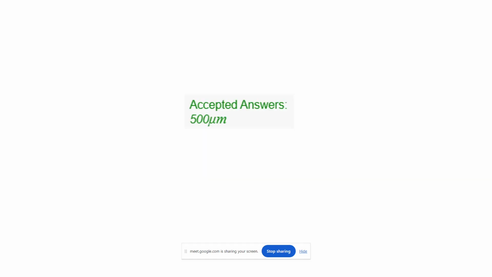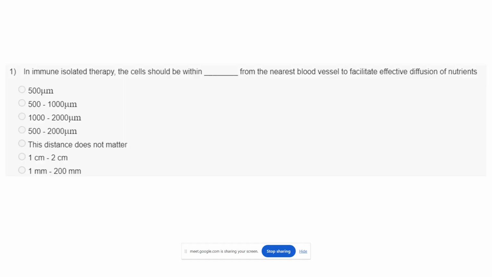The correct answer is 500 micron. So if the cells are within 500 micron from the nearest blood vessels, it will help in effective diffusion of the nutrients.